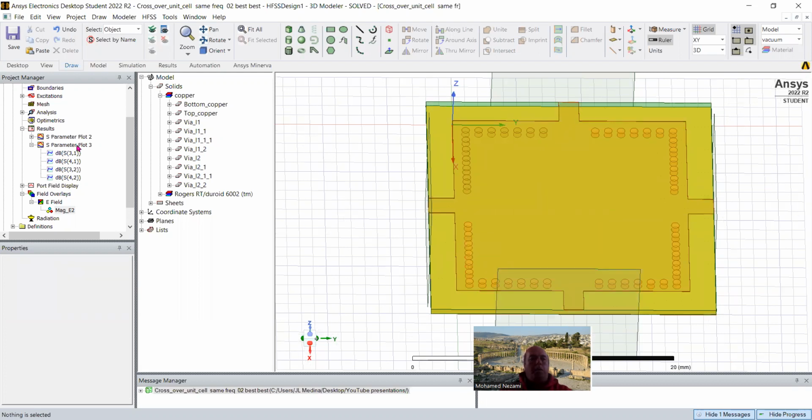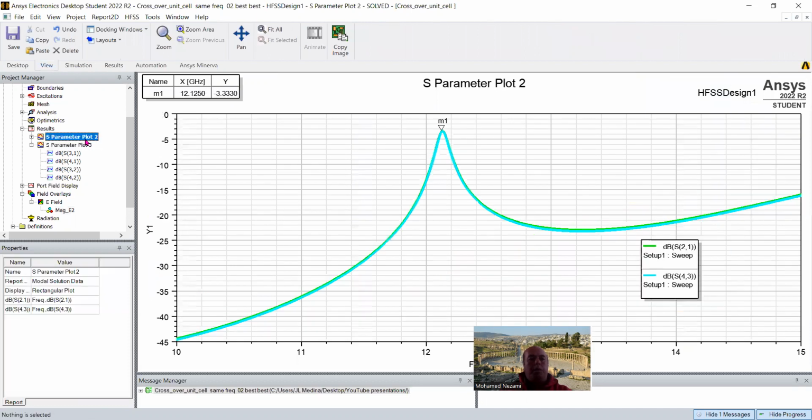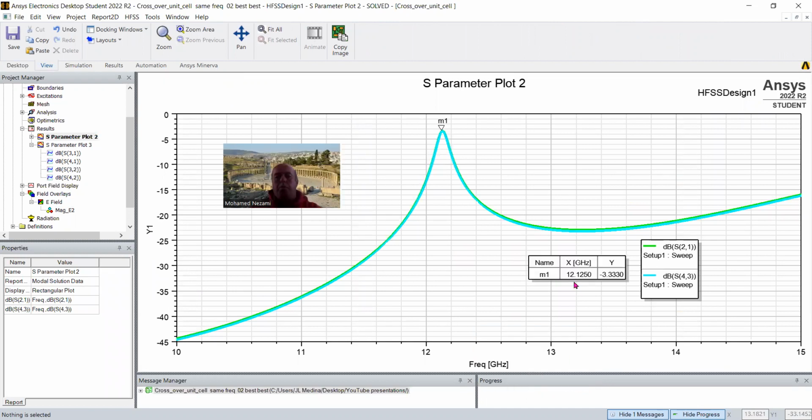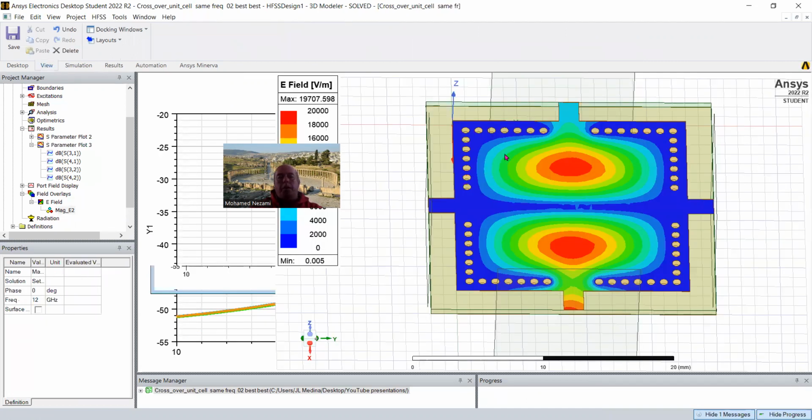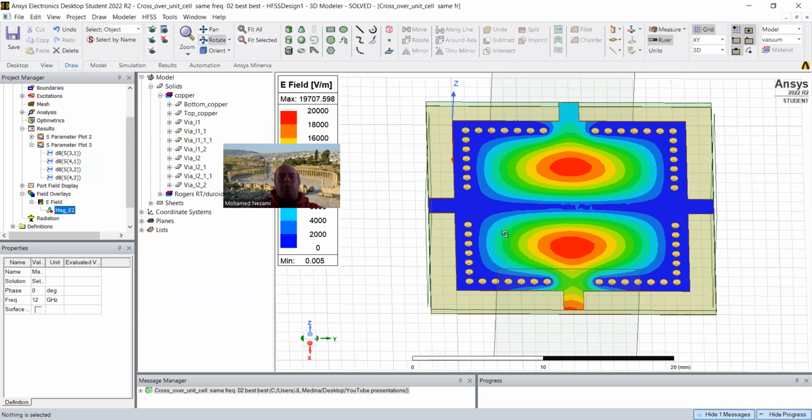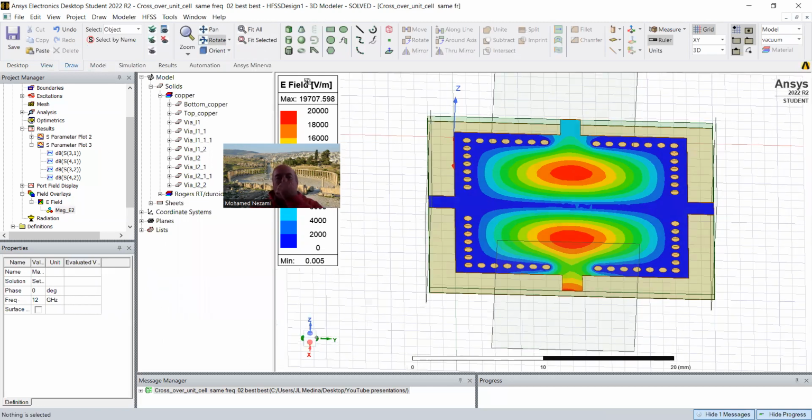When we run this, the resonator is running right now at this frequency, 12.125 gigahertz. The isolation between the two is in the 40 dBs. If you look at the E field now, let's excite one side, so let's go 1 to 2 first.